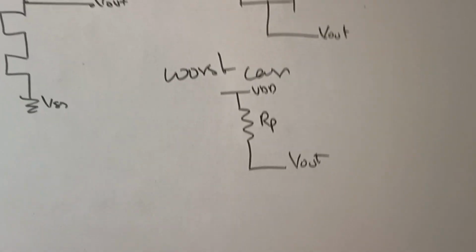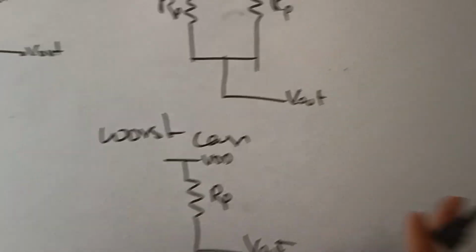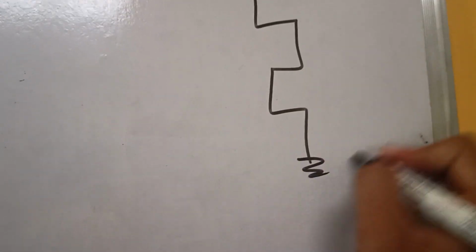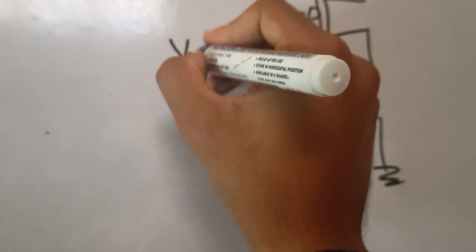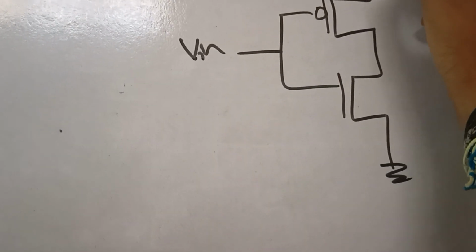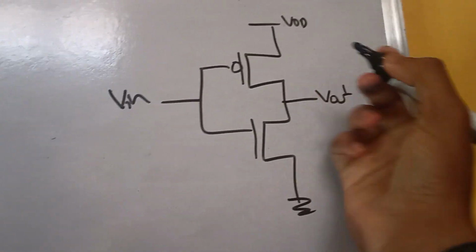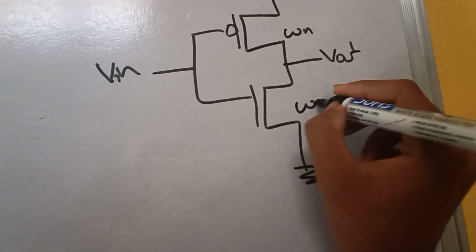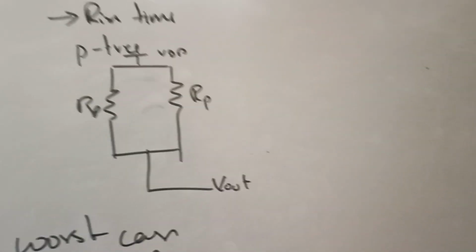Now we are going to compare this worst-case scenario of rise time with the normal inverter. Let me draw the normal inverter over here, with WN and WP.